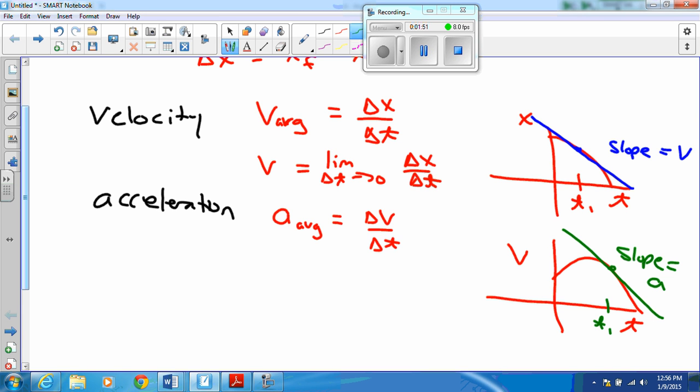Notice that it is very important to pay attention to what graph you're looking at. If you're looking at the graph of position, your slope is a velocity. If you're looking at the graph of velocity, your slope is going to be an acceleration.